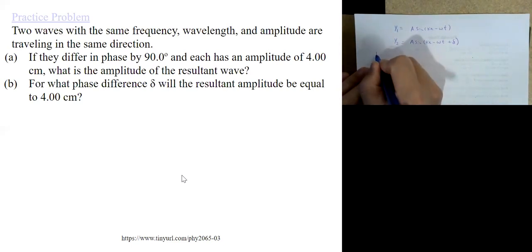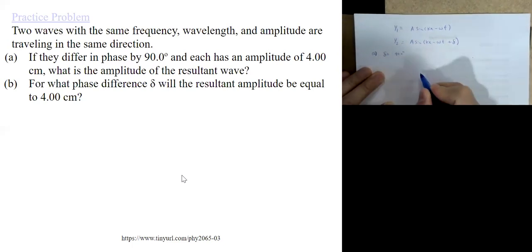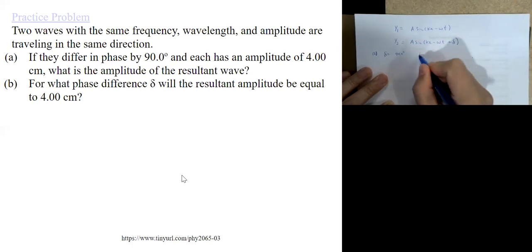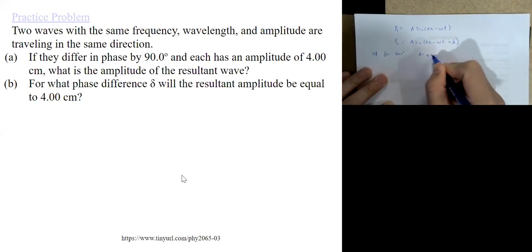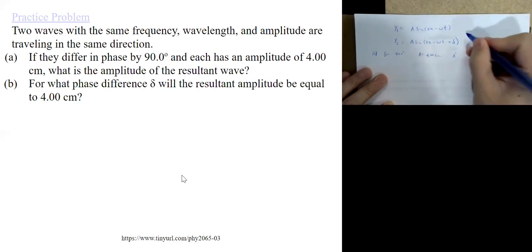The first part is asking if delta is equal to 90 degrees, and each A is 4.00 centimeters, what's the new amplitude, let me say A prime.